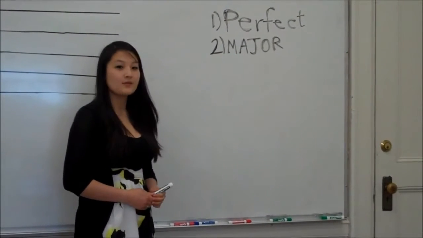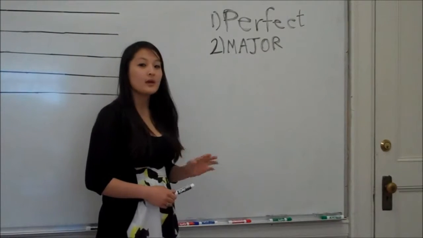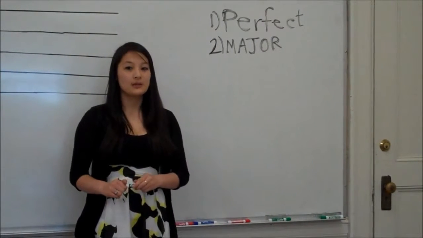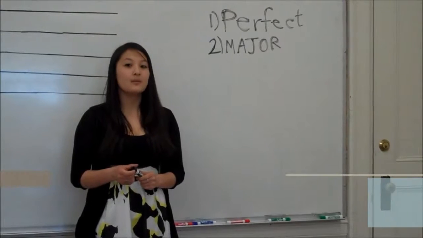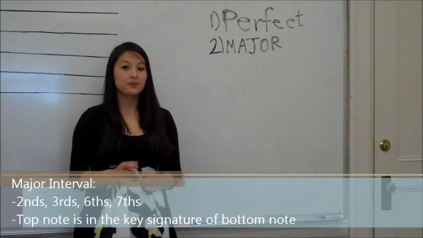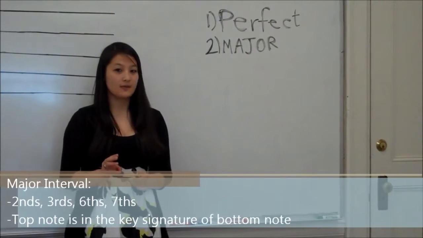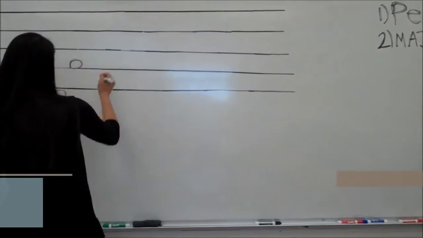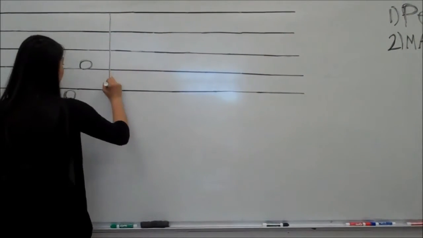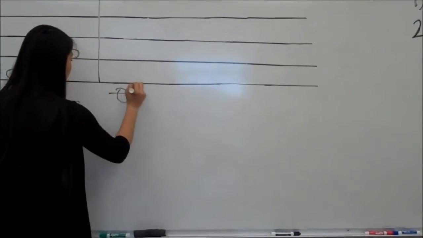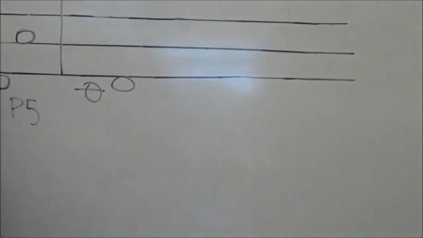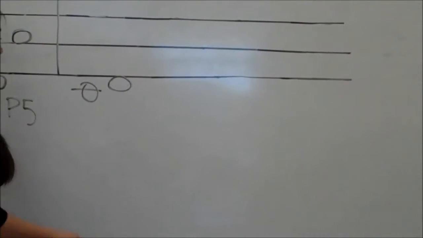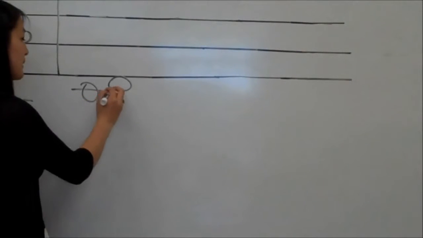So our next type of interval is the major interval, and it uses the same basic concept as the perfect intervals, but this is used with seconds, thirds, sixths, and sevenths. So, for example, if you had a C to a D, this would be a major second because we would count the C as 1 and then the D as 2.